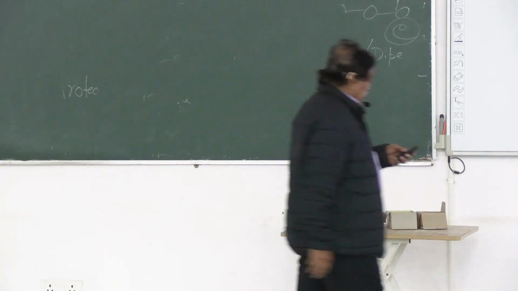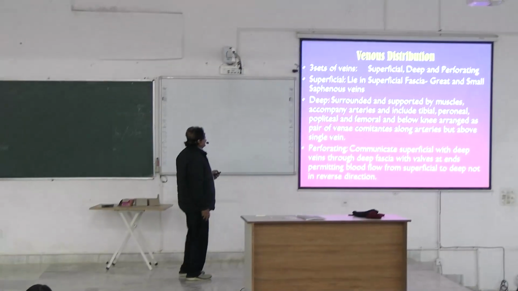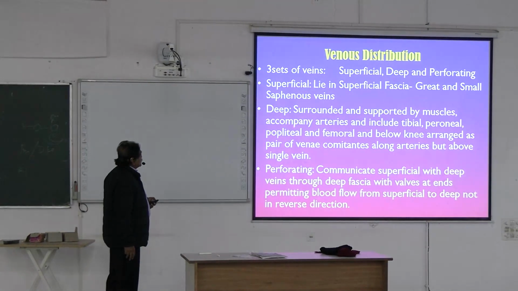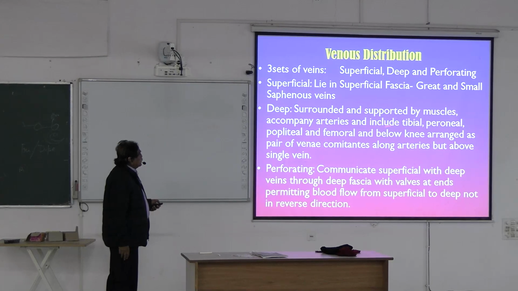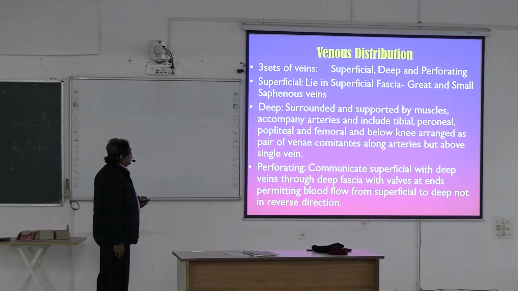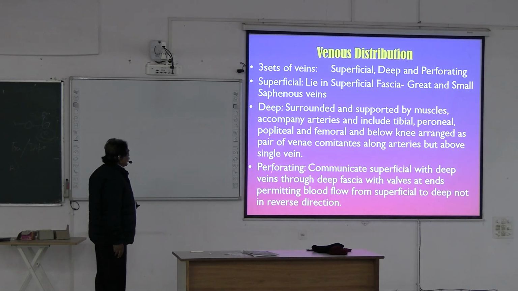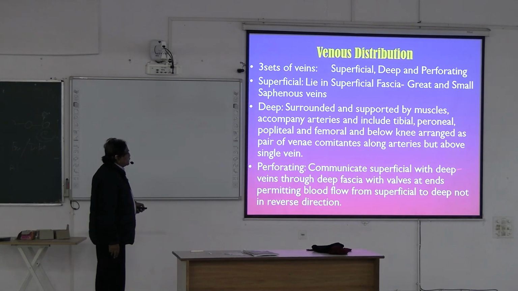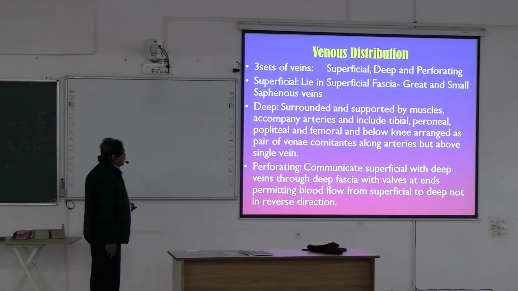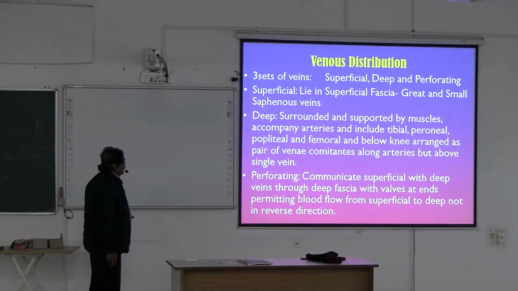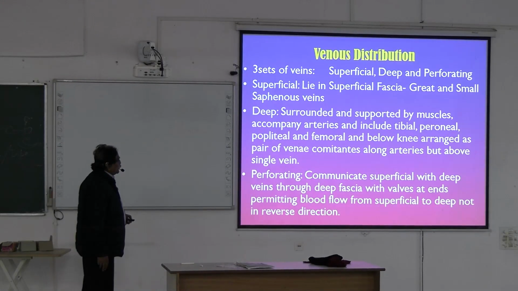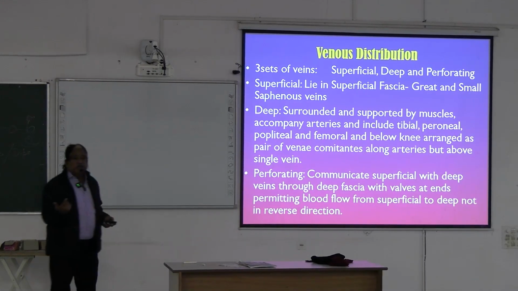Deep veins are surrounded and supported by muscles, accompanying arteries and include tibial, peroneal, popliteal and femoral. Below the knee they are arranged as a pair of vena comitantes along the arteries, but above, a single vein. Perforating veins communicate the superficial with the deep veins through the deep fascia, with valves at the ends permitting blood flow from superficial to deep, not in the reverse direction.